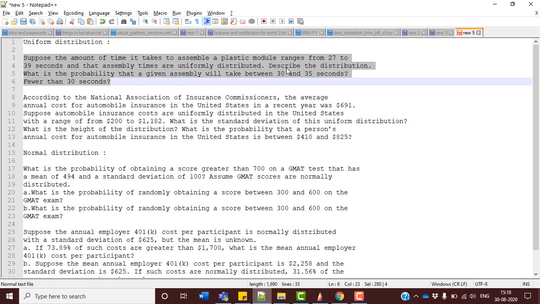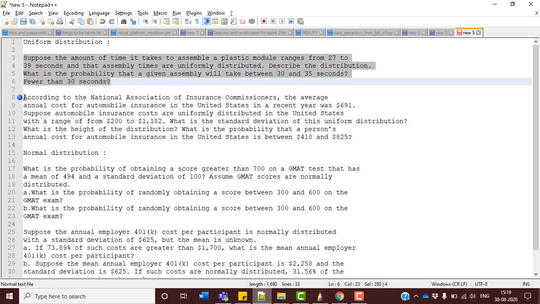Which means you find the mean, you find the standard deviation. Okay, and also what is the probability that a given assembly will take between 30 and 35 seconds, and also the probability of fewer than 30 seconds. Okay, quite simple. You might take a pause here and try to solve it.